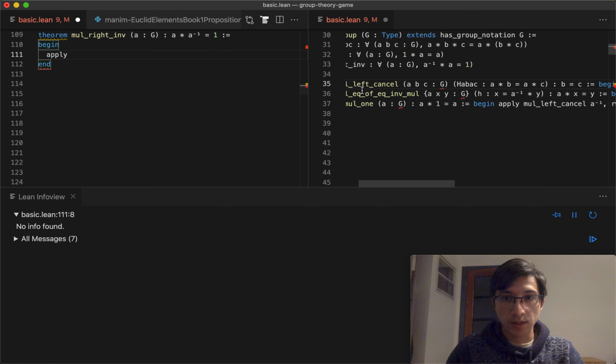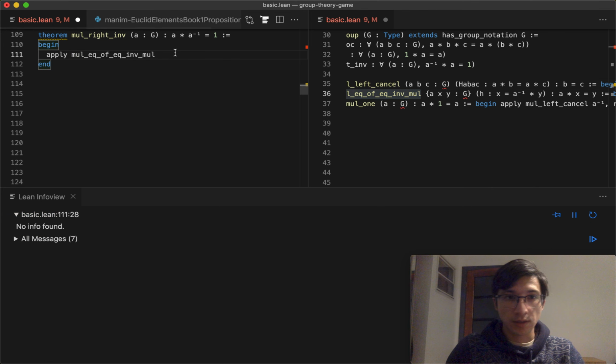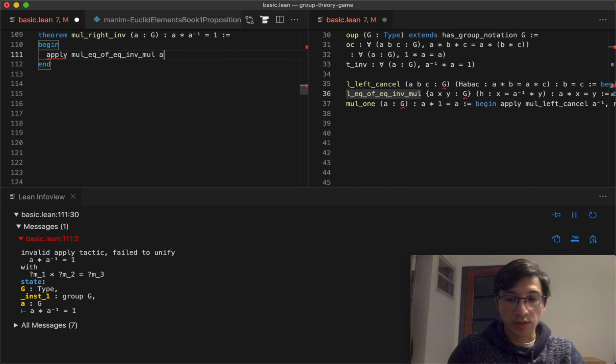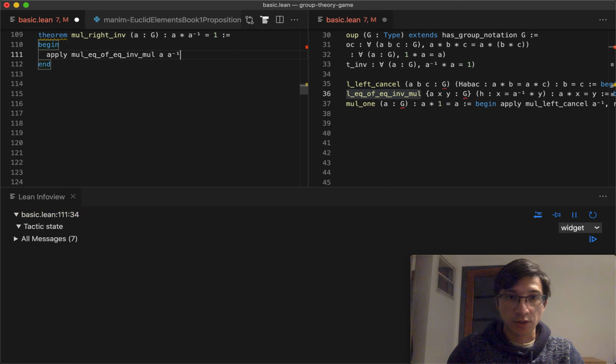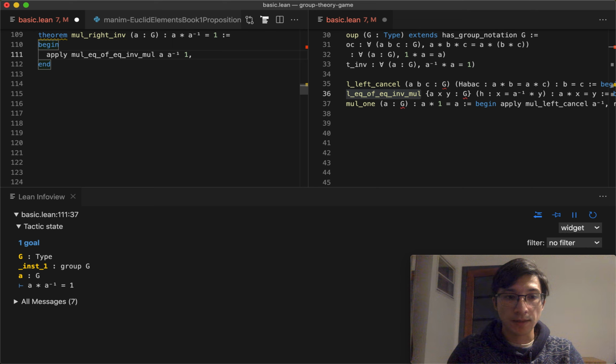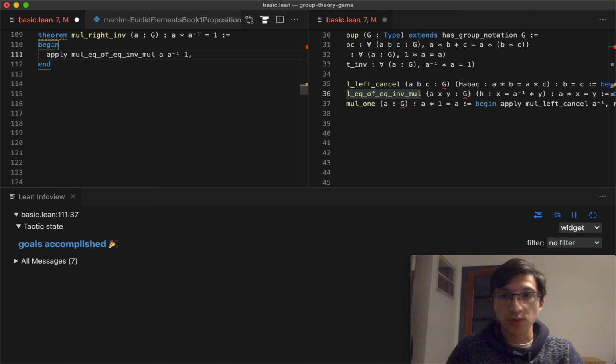If I apply mul_eq_of_eq_inv_mul with arguments a inverse and 1, we also see that our goal is accomplished at this point because what will happen is that A inverse will be equal to A inverse times 1, and Lean is able to see that both sides of the equation simplify to A inverse equals A inverse.